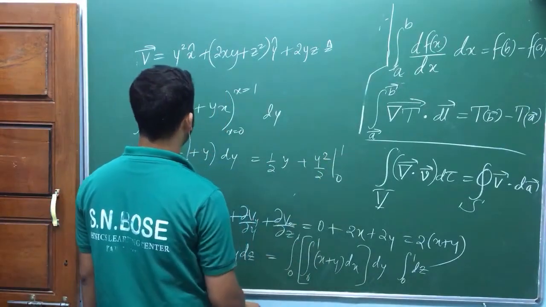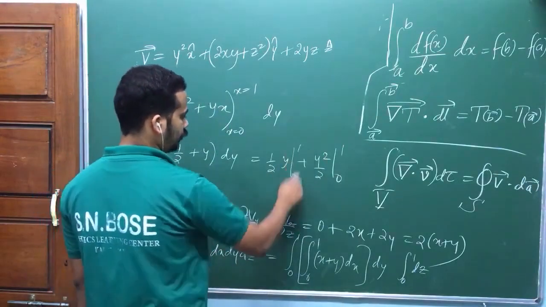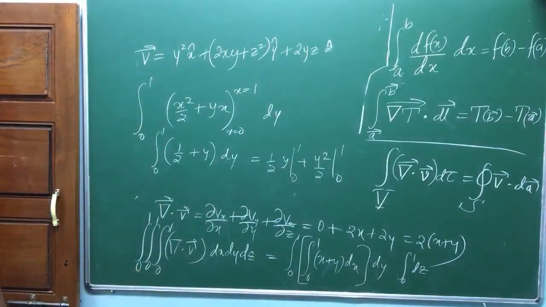Is that 2? Half plus y dy, isn't it, is equal to... where is the mistake?